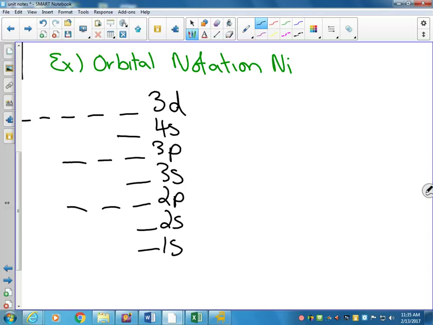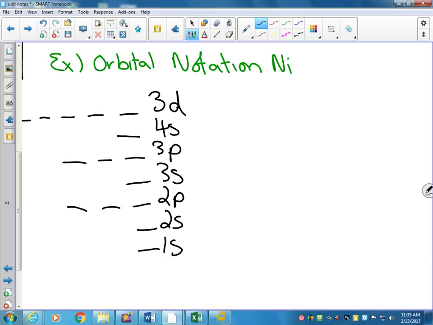So I decided how many orbitals I needed to draw by locating it on the periodic table, figuring out what it was, and then counting up to see how many lines down I had to start. Or some people are really good at counting backwards: 3d, 4s, 3p, 3s, 2p, 2s, 1s, and they could write it backwards.